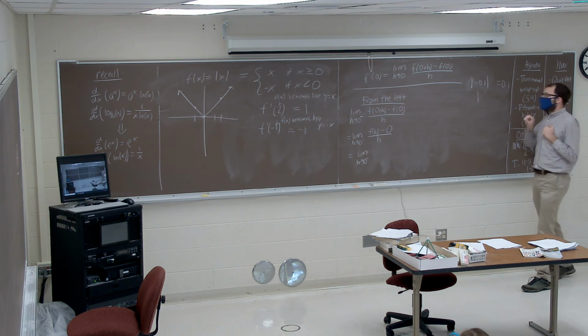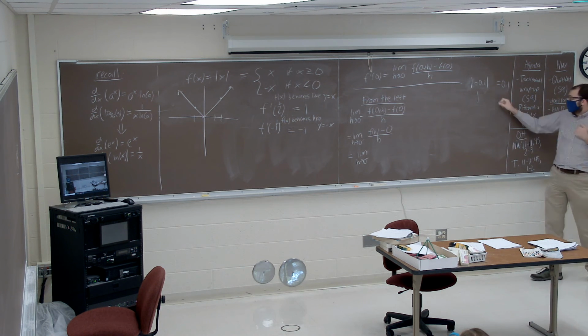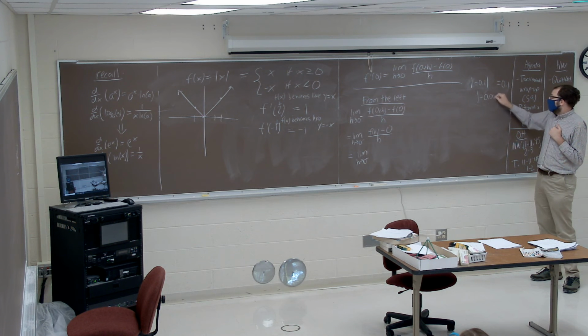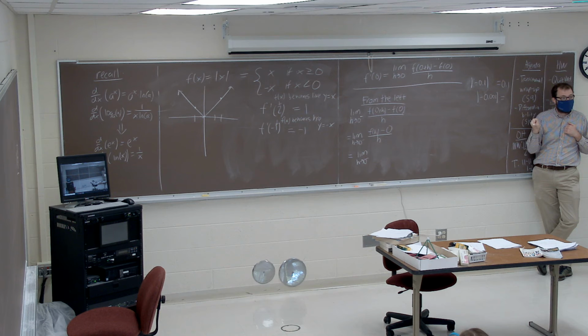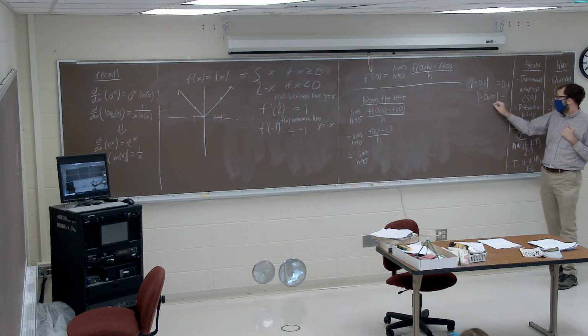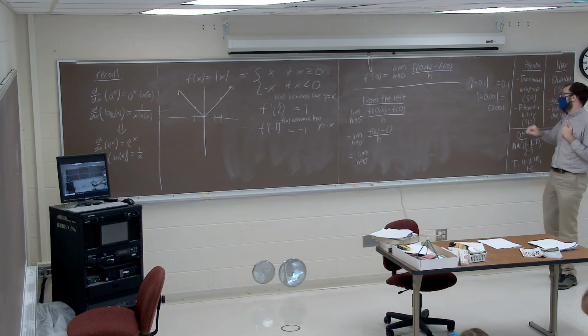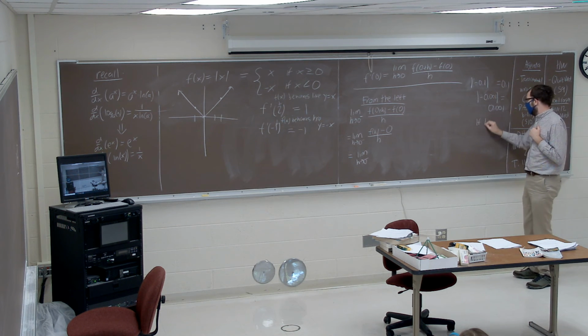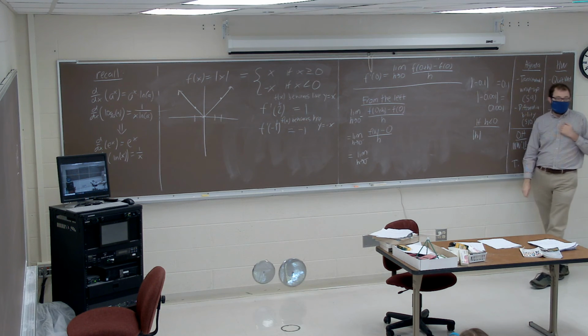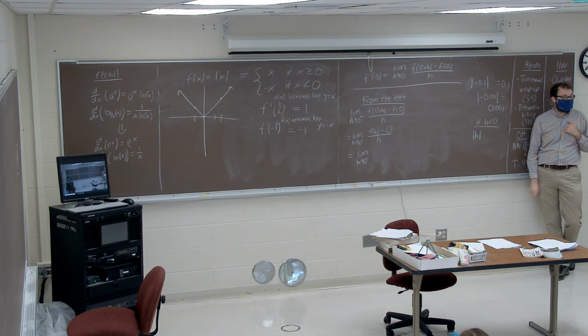If we were to take the absolute value of negative 0.001, you get positive 0.001. And if h is negative, the absolute value of h is going to be what?